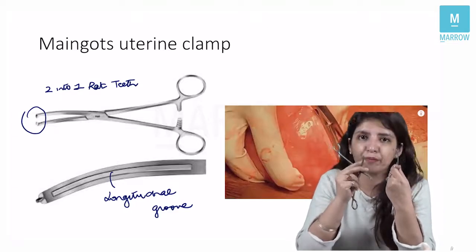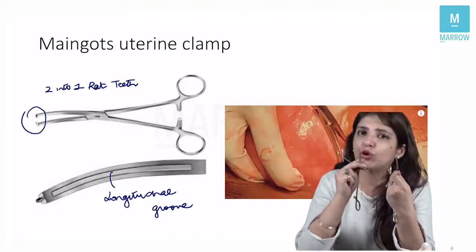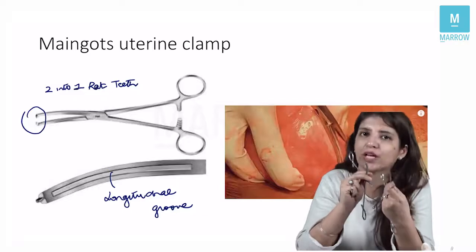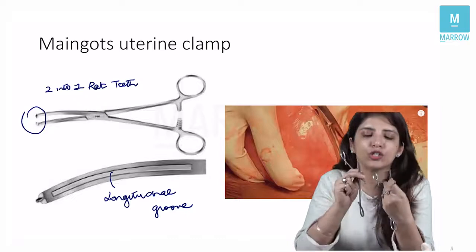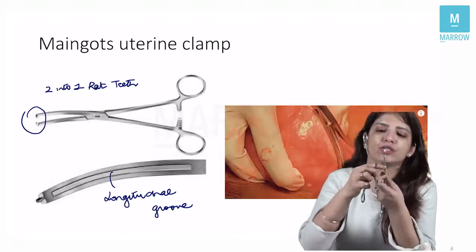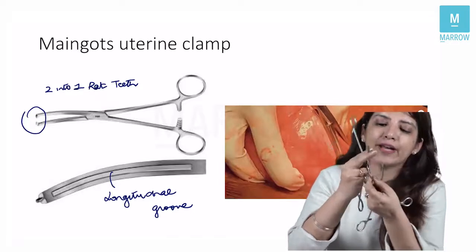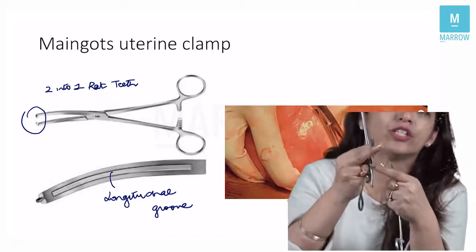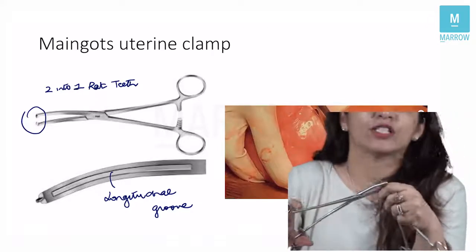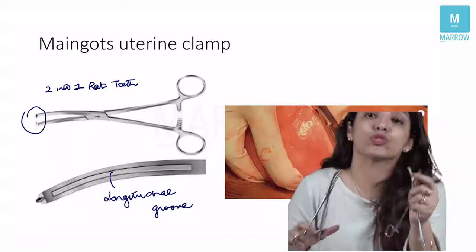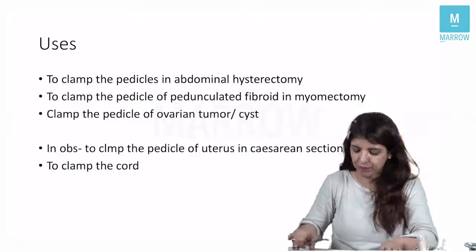Maingot's uterine clamp and Cocker's forceps both have the same function and the same appearance. The only difference is in Cocker's forceps you will get transverse serrations. Can you see the transverse serrations? And in Maingot's you get a longitudinal groove, right? Maingot's forceps is also used for holding the pedicles during hysterectomy, right?